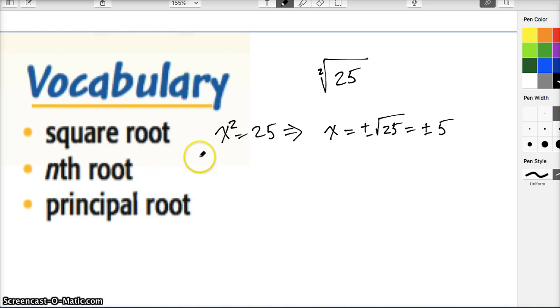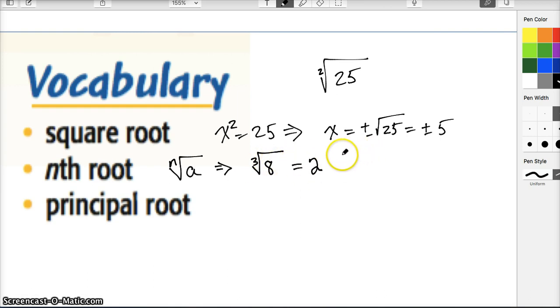The nth root is kind of the idea where any number can be out here, all right? So the nth root of a would be like this. For example, I can have the third root of 8. So that says some number multiplied by itself 3 times, or to the third power, that equals 8. And we all know that that answer is 2.